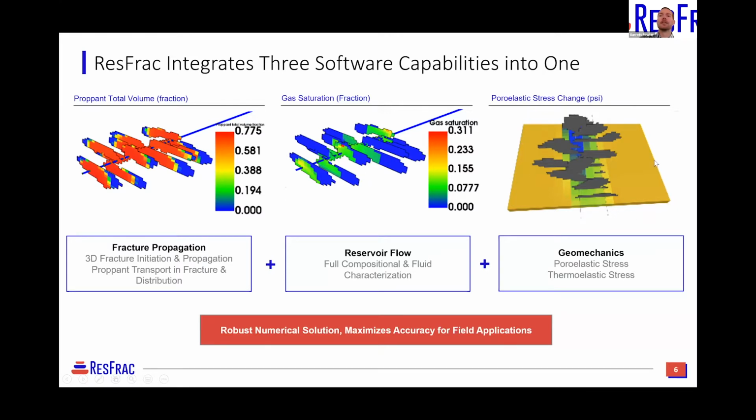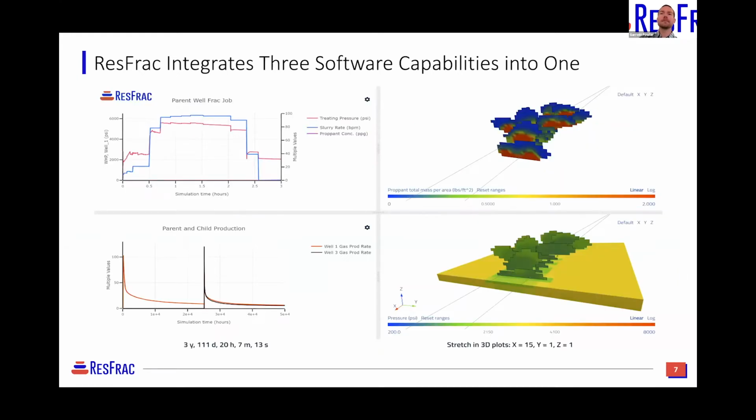And third, there is the geomechanical component, which is as this fluid flows from the reservoir into the fractures, how do the static conditions, or in this case, dynamic conditions of the rock change, namely poroelastic and thermoelastic stresses induced by production. ResFrac is doing all that in a coupled model.